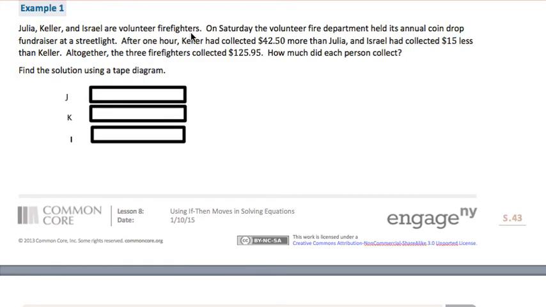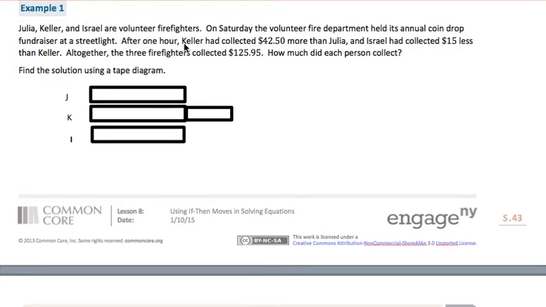It says on Saturday, the volunteer fire department held its annual coin drop. After 1 hour, Keller had collected $42.50 more than Julia. So what we'll need to do is add on to Keller's rectangle. And it says Israel had collected $15 less than Keller.